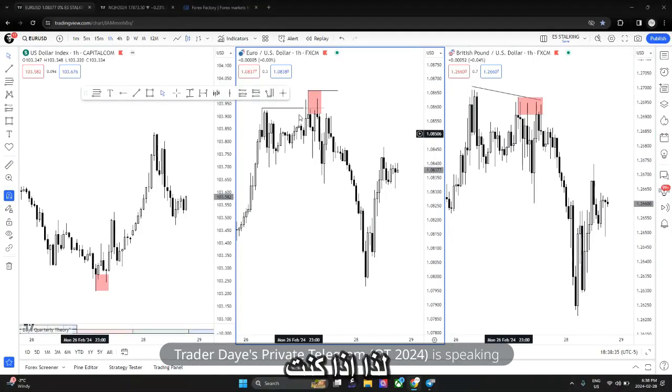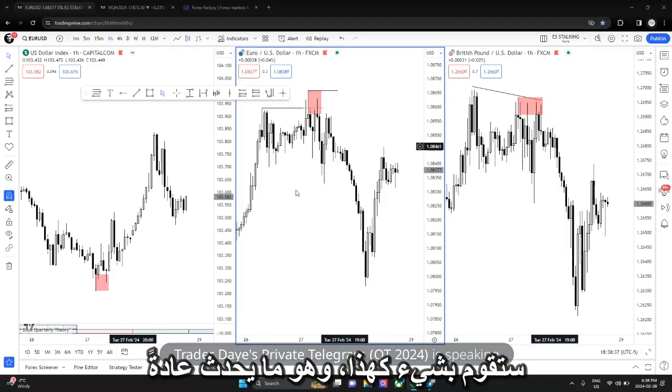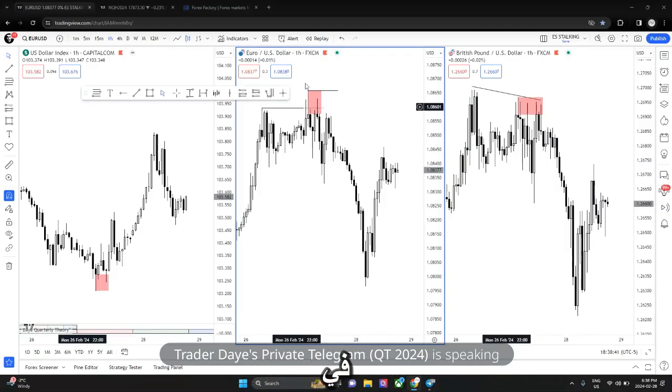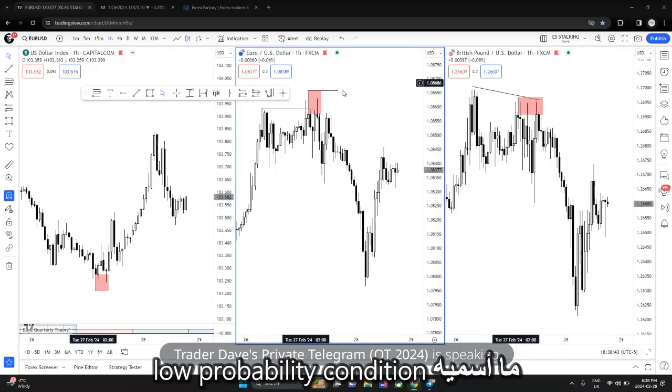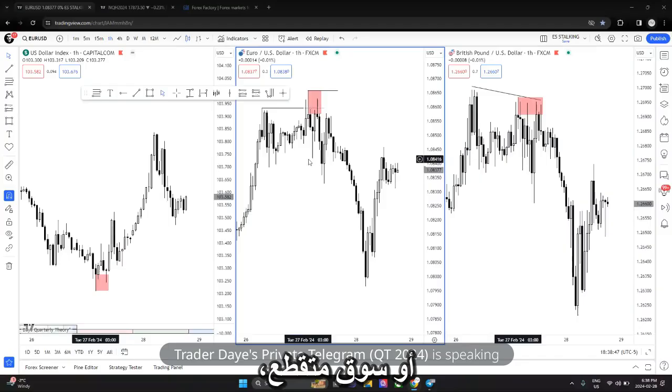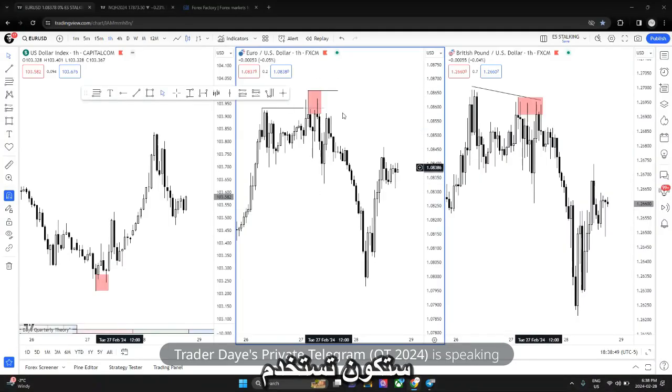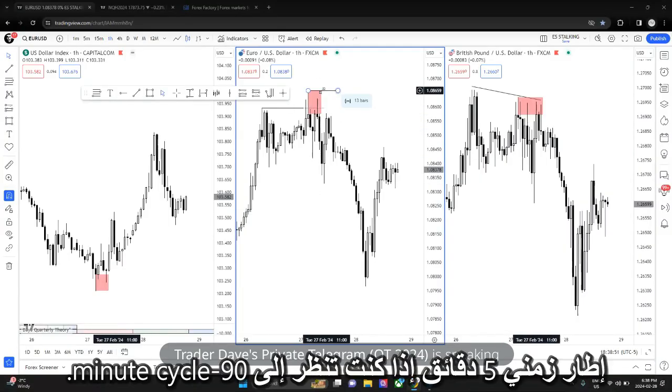So if you were to do something like this, which is what usually happens in what I would say is a low probability condition or choppy market, you would be using the 5-minute time frame if you're looking at the 90-minute cycle, right?